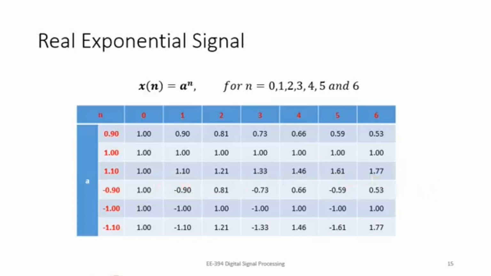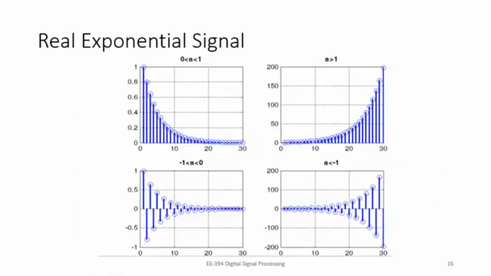Now this thing is more clear when we look at the graphical format. It says that if the real exponential signal has the value of a between 0 and 1, then you get a converging signal type. If the value of a goes greater than 1, it starts increasing. This is a sign of instability.